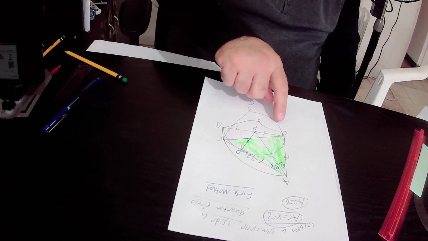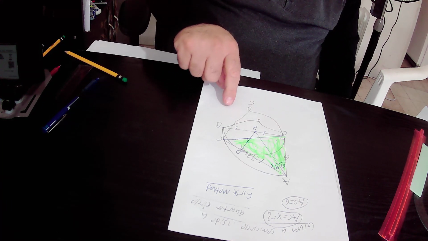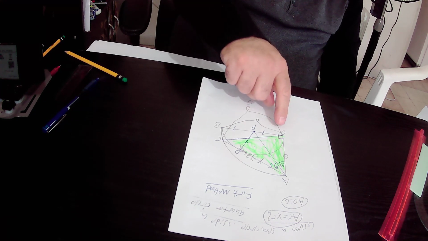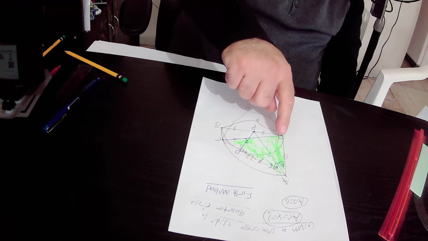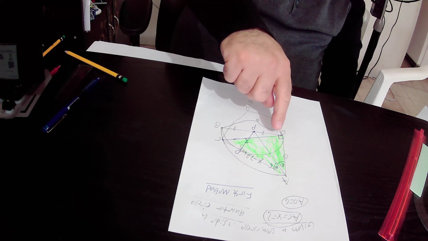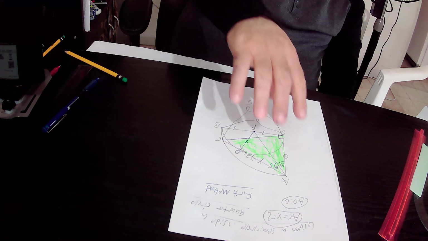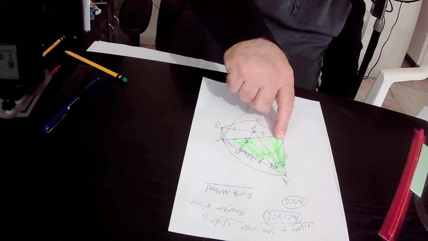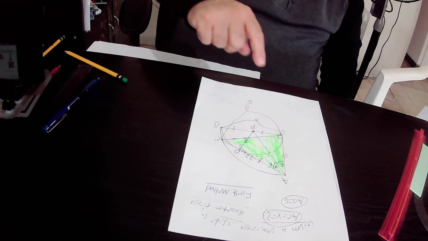Therefore, OB is also the radius of the quarter circle that is equal to 6 units. O is the center of the quarter circle, and this angle AOB equals 90 degrees because this is a quarter circle. This angle must be equal to 90 degrees.